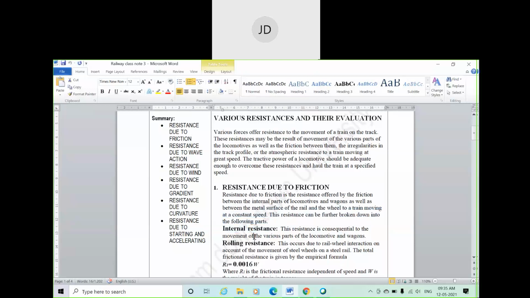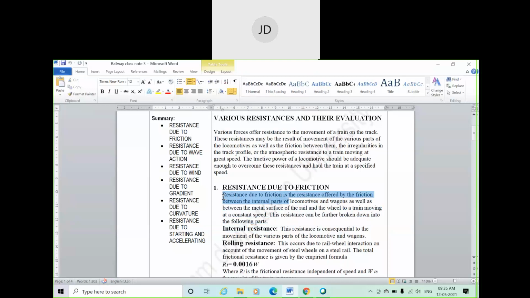This friction may be between the internal parts of the locomotive and between the locomotive and the wagon. I already told you that the locomotive and wagons are connected with some mechanical means, so there must be some friction at that particular joint. So this comes under internal friction.